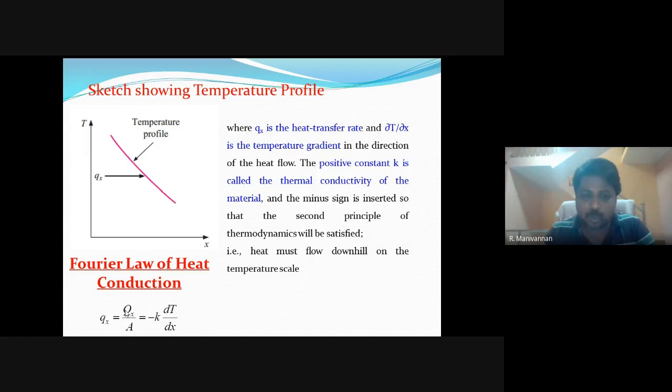Joules per second is watts. So Qx is in watts and A is in meter square, so the heat flux is watts per meter square. This dT will have the unit Kelvin, and this dx will have the unit meter, so this k will have the unit watts per meter Kelvin.